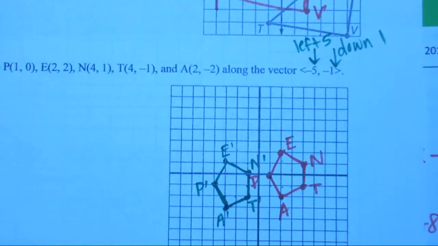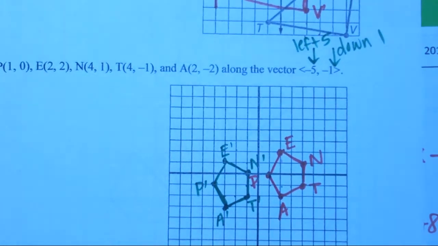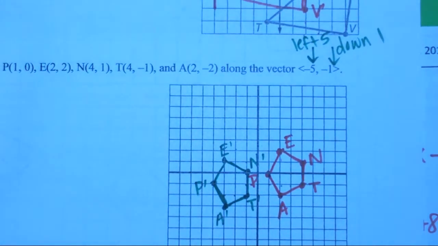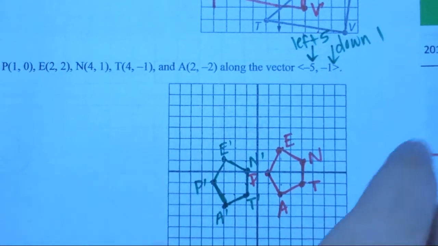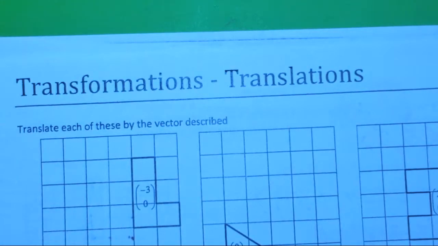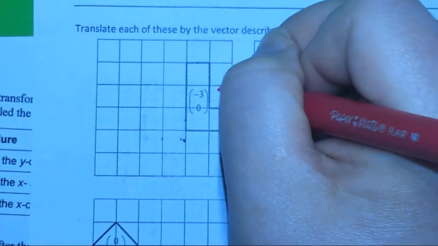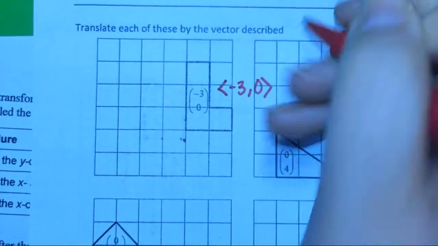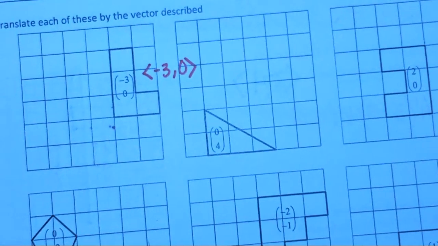Okay, if there aren't any questions, if you look on the back, there are a couple for you to practice, and to me, it looks like a Tetris game. So on the back, on the Tetris game, they wrote the vectors weird. -3, 0 is the vector -3, 0. I don't know why they wrote it funky.